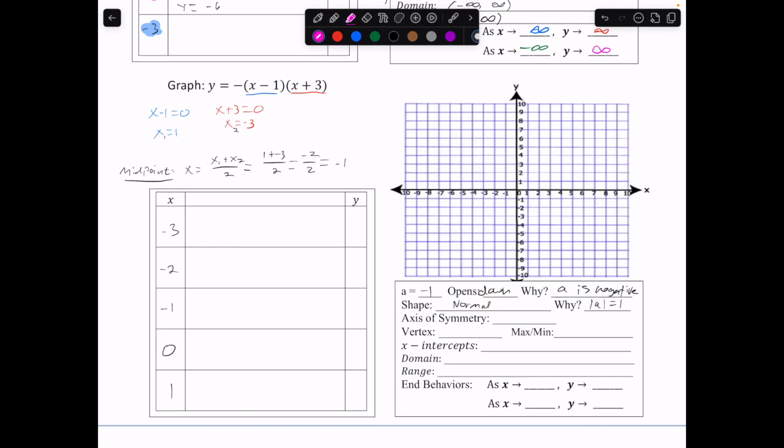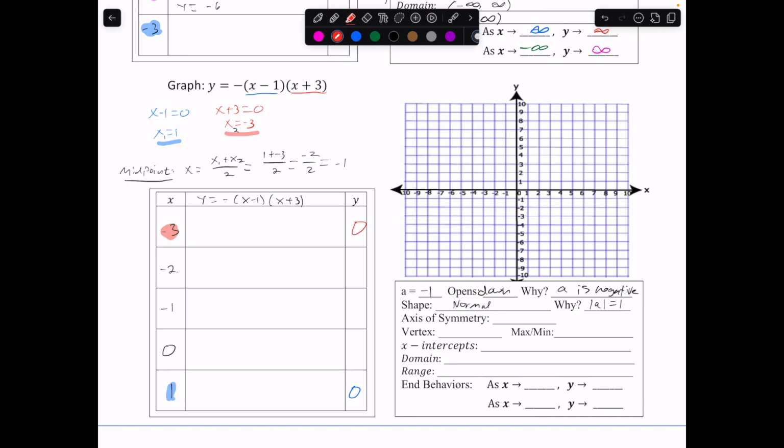And just like before, notice that we have 1 right here, so this value will automatically be 0. And then also notice we have -3 here, so this value will also be 0. Okay, and then now we just need to check -2, -1, and 0. So let's go ahead and plug in those values. So y is equal to negative times x minus 1 times x plus 3.